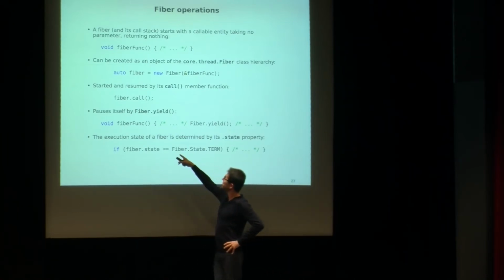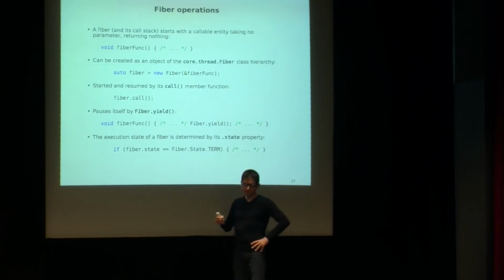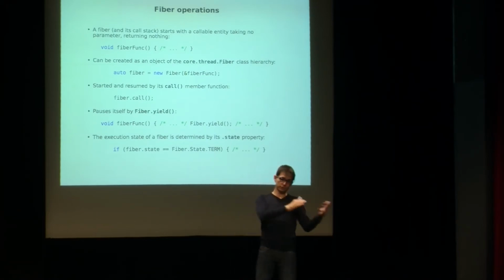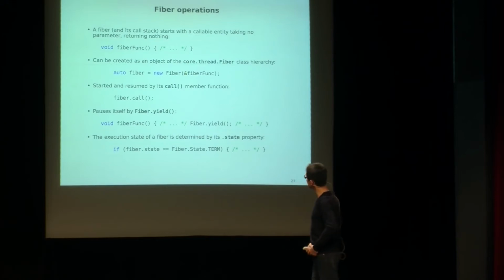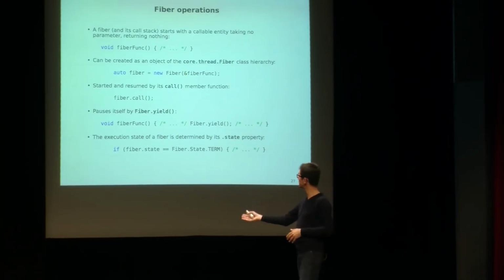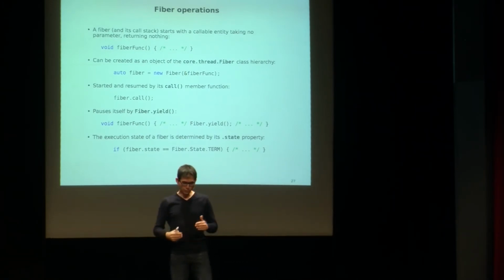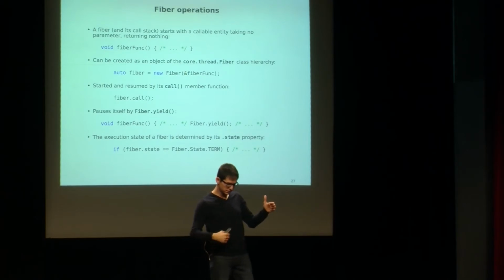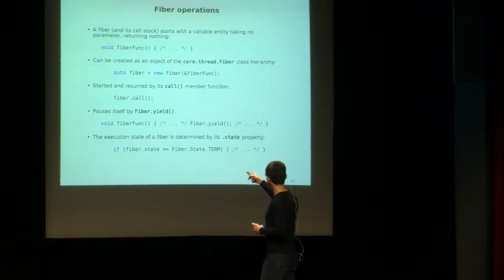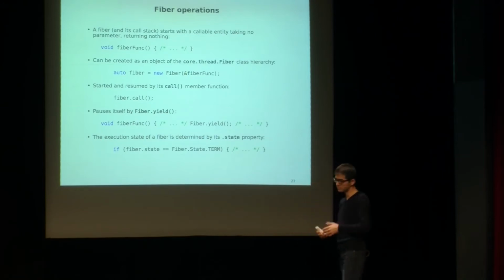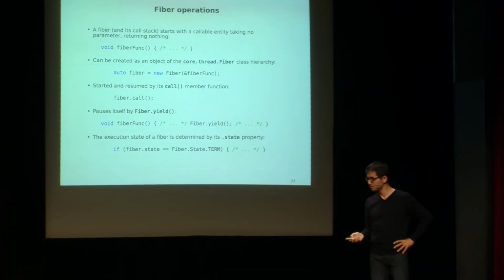And then inside the fiber function, the fiber itself yields execution back to the main thread with Fiber.yield. So main thread says fiber call, and it says fiber yield, back and forth. And eventually, your fiber can complete its execution and become terminated. There is this state that you can determine whether it's done or not.